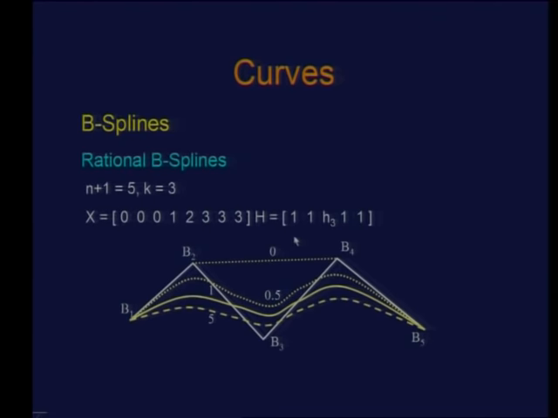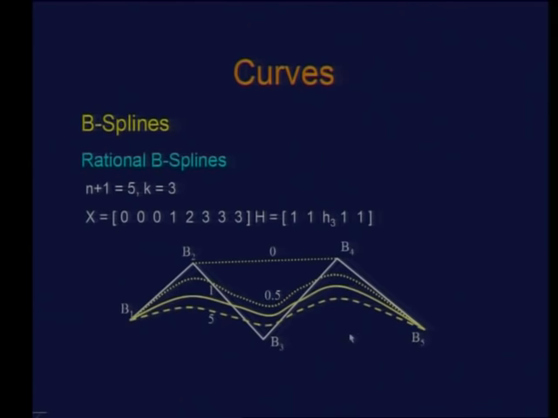So, let us say I assume that small h 1 is 1, small h 2 is 1 again, and small h 3 is some value there, and for B 4 and B 5 these are again 1.